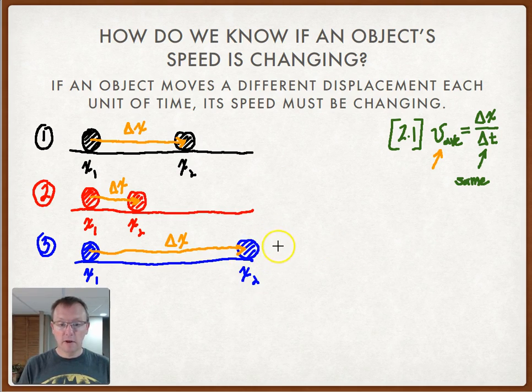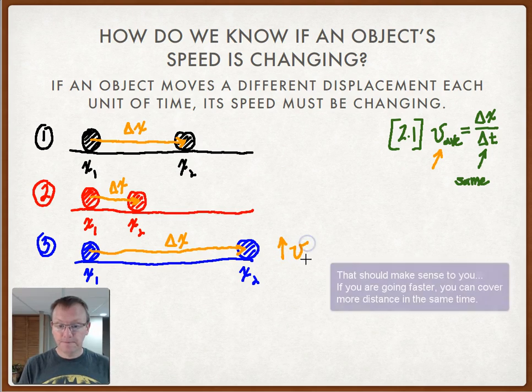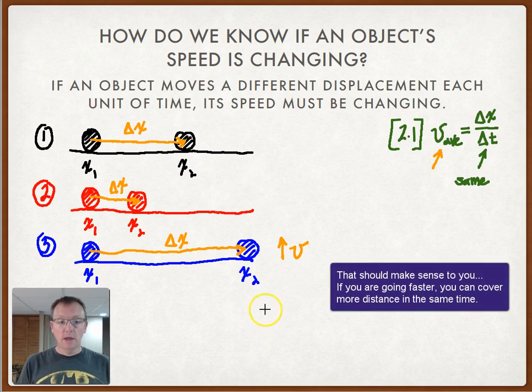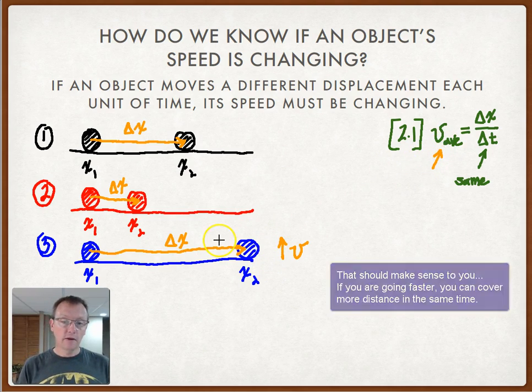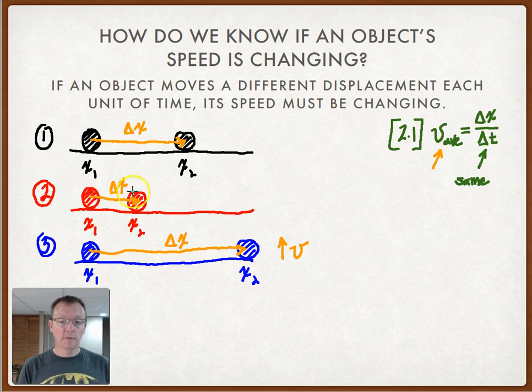So I'll go ahead and write that down. This is the highest average speed. Which one has the lowest speed then? Well, the lowest speed has to be the smallest displacement in the same amount of time. And so I'm going to write down that this one has the lowest speed.